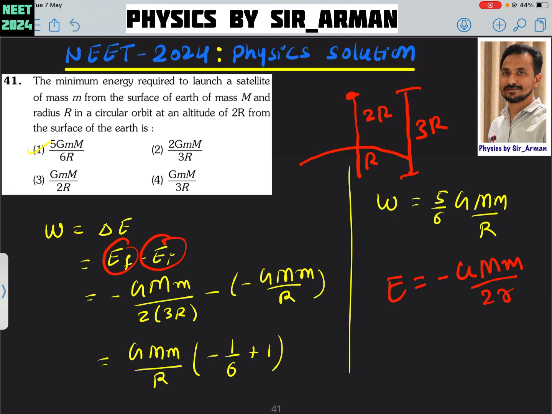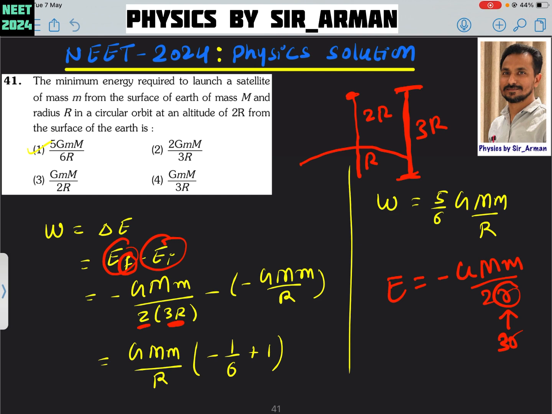So this is GMm by 2r, and at the final position its height from the center of the earth is 3R. So instead of small r, we place 3R here, so it becomes 6R.